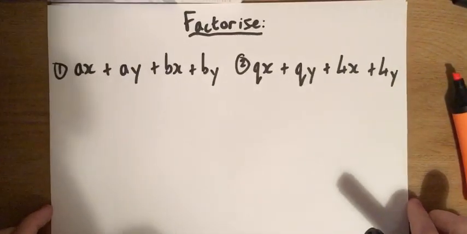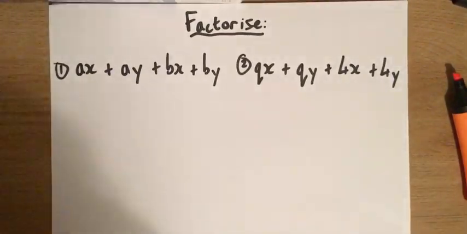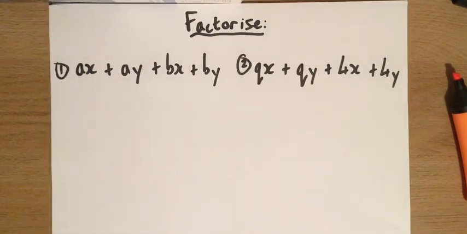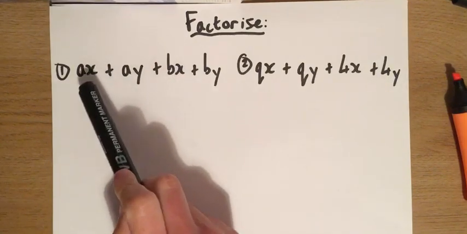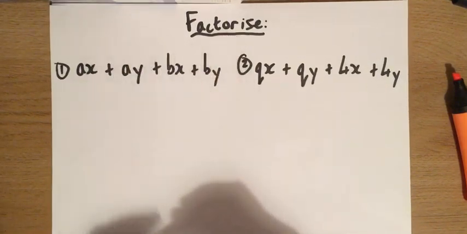The first example I'm going to look at is here: ax plus ay plus bx plus by, and I am told to factorize it. If we try to do it the same way we were factorizing previously, with that highest common factor method we've learned already, we'll find there's nothing common to all four terms.